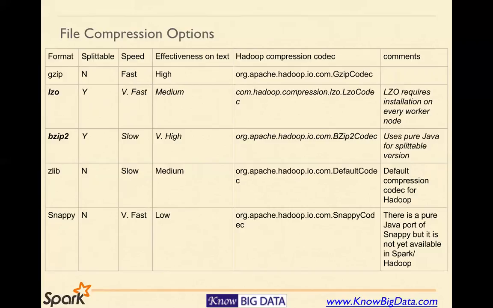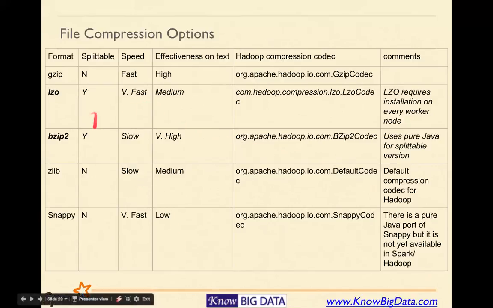One, whether it is splittable, meaning if we have saved a file in that format in HDFS and need to process the file, can we process part of it, or do we need the entire file and then assemble it and then do something about it, right?